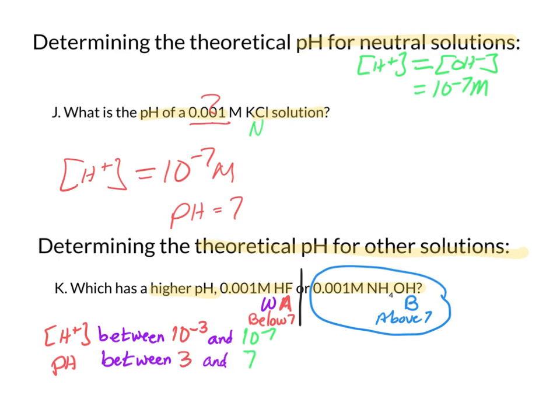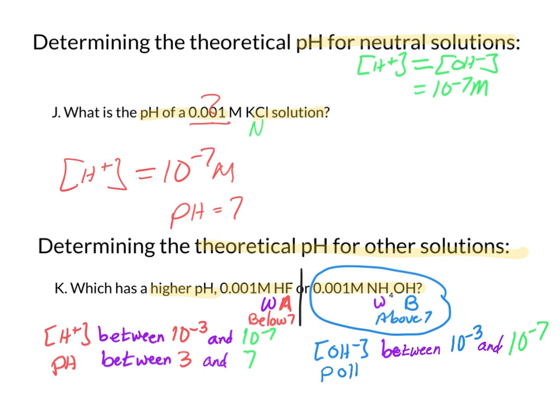For the base, we see the same basic concept. We see that it's a base. Instead of giving us the hydrogen ion directly, it's going to give us the hydroxide ion. And so our hydroxide ion concentration is between two numbers because we have a weak base. 10 to the negative 3 and 10 to the negative 7. Well, it sounds like it's the same answer, right? But remember, this is the hydroxide ion concentration. We have to convert that to hydrogen ion concentration. The easiest way to do that is to just convert it to pOH.